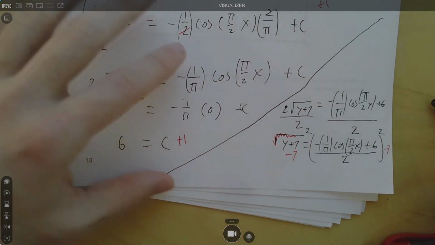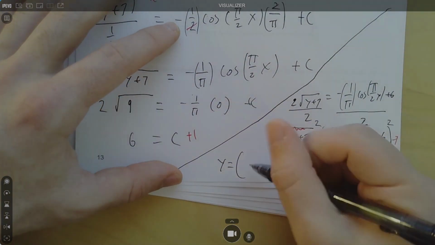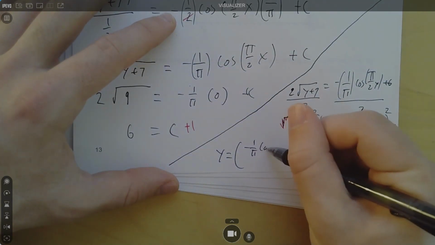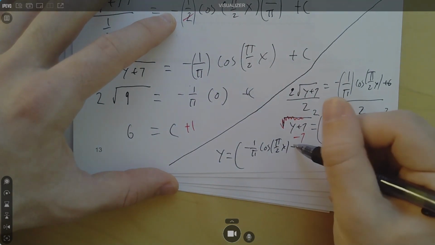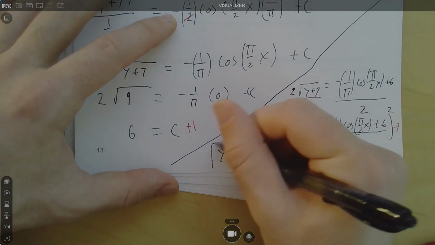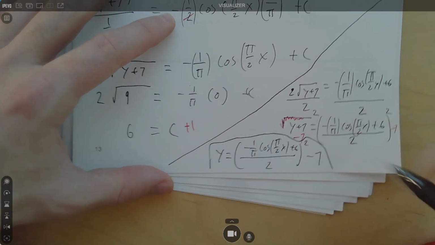So your final answer is going to be y equals, big parentheses, negative 1 over pi cosine, parentheses, pi over 2x plus 6 all over 2, squared, minus 7. That is it. Okay, that is the final answer.